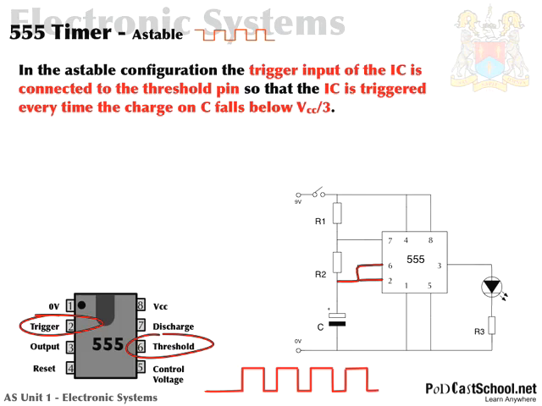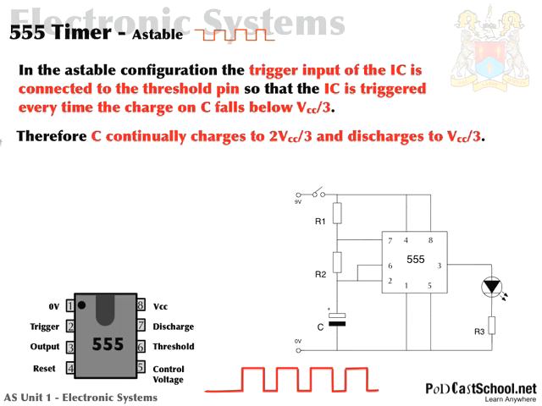And when we received a negative pulse, then we actually triggered. This time the trigger is directly connected to this part of the circuit here. So the trigger is waiting for the voltage across C to fall to 1/3 of the supply, just as before.